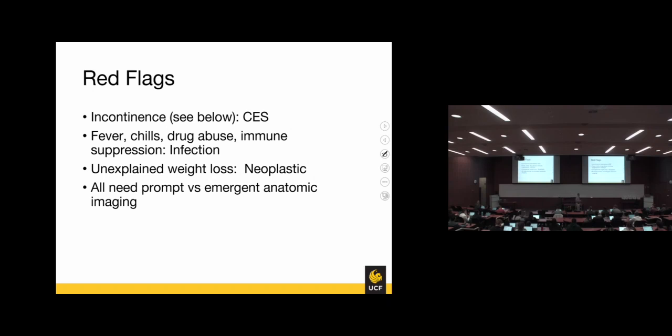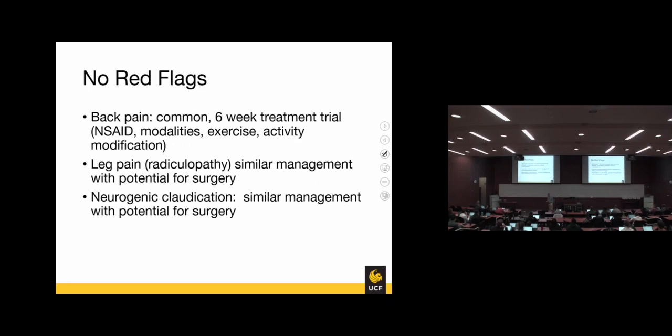And then all of these need prompt imaging or prompt attention, and it kind of depends on which one it is for what you're going to get. Most of them, an MRI is going to be a very helpful thing, okay? So that would probably be the first line answer if you see something with red flags: get the MRI.